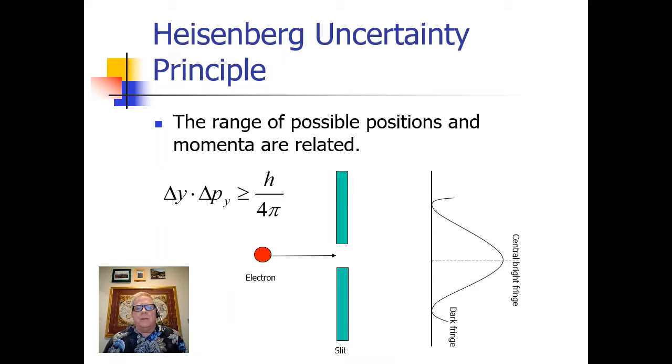The uncertainty in its position times its uncertainty in its momentum must be greater than or equal to Planck's constant divided by 4 pi. And when I say uncertainty, I mean basically it's the width of this range of possible positions. The width of the peak, if you will.